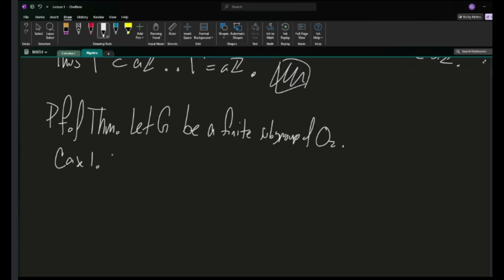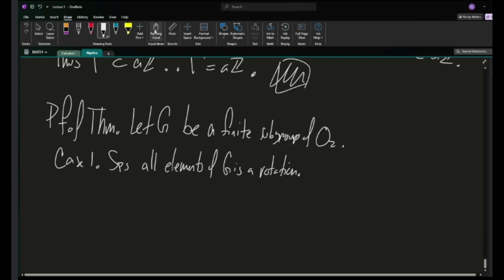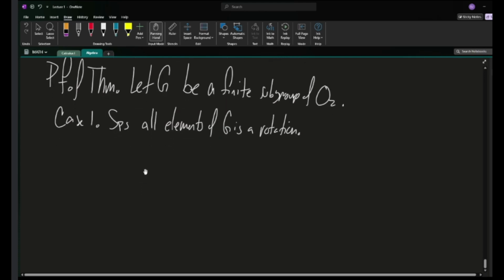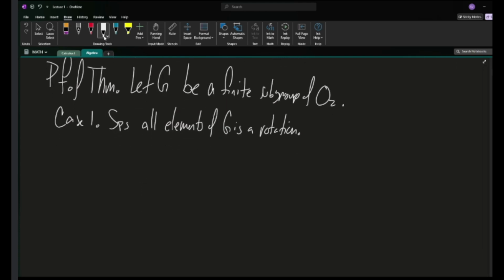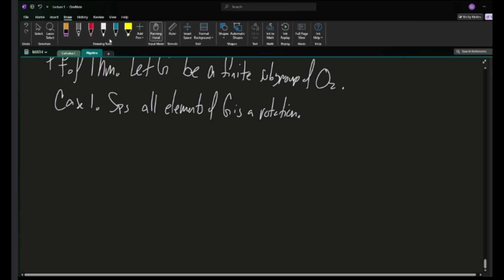Case 1, suppose all elements of G are rotations. If that's the case, what we're trying to prove is that it has to be a cyclic group, right? And that's basically the definition of cyclic groups.